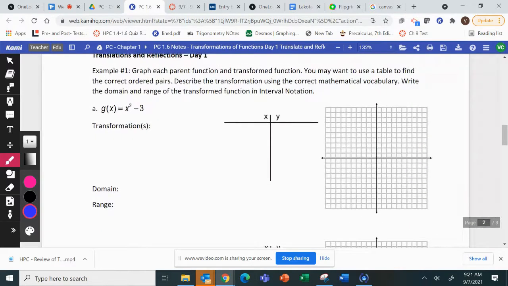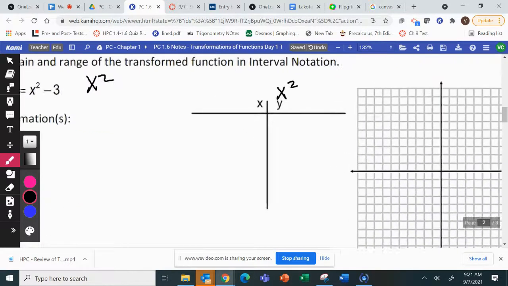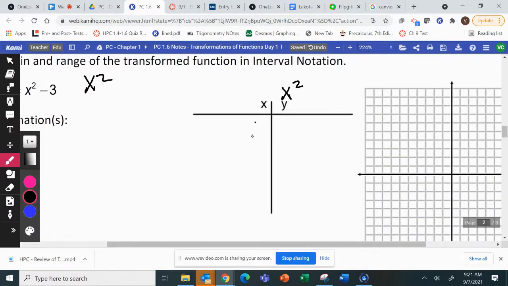Okay, so the first thing that we're going to do is look at our parent function. Question A, you look at x squared minus 3. The parent function is x squared. So my y column is x squared. I'm going to start with the parent function points that we did in section 1.5.